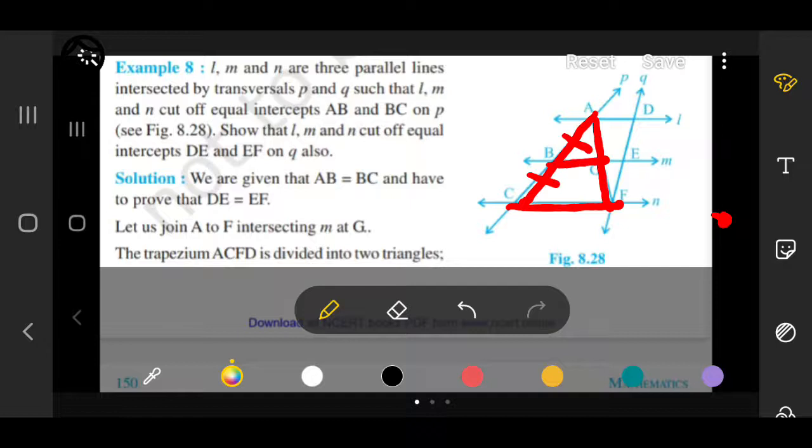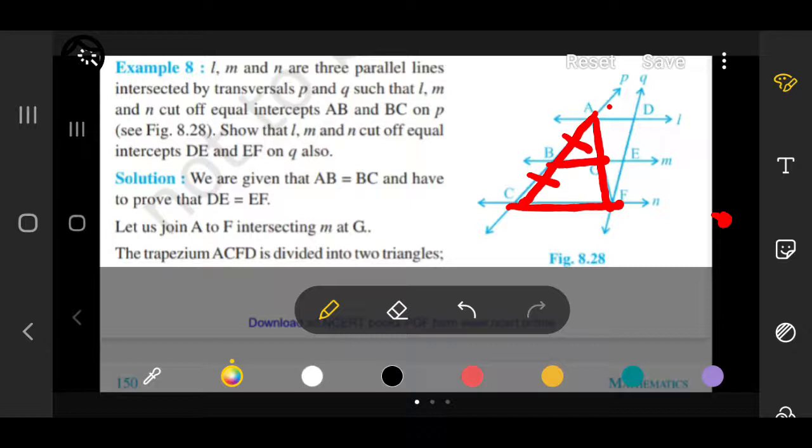By using the midpoint theorem, BG parallel to CF, then AB equal to BC, then we can write AG equal to GF, because here B is the midpoint of AC. Then by using the converse of the midpoint theorem, M is parallel to N means we can tell BE is parallel to CF.